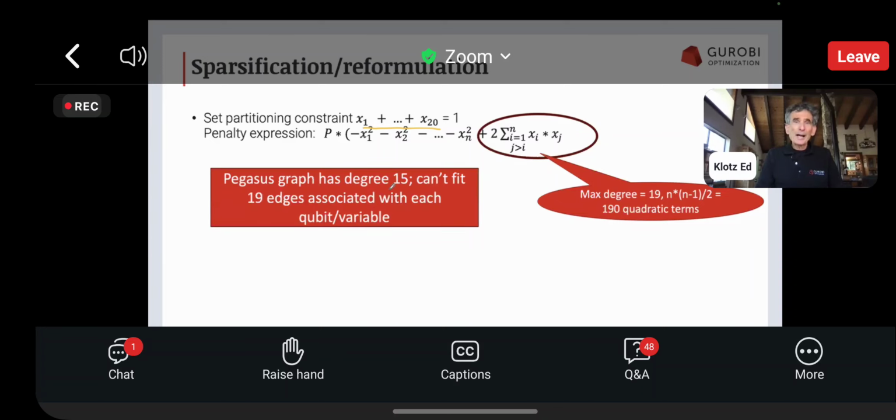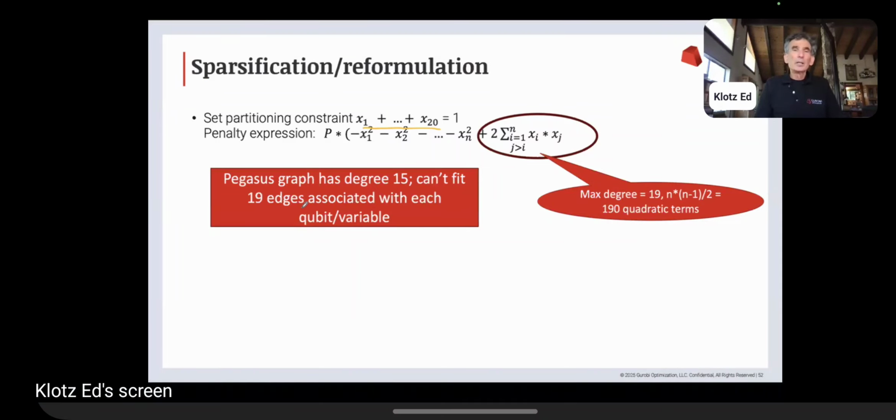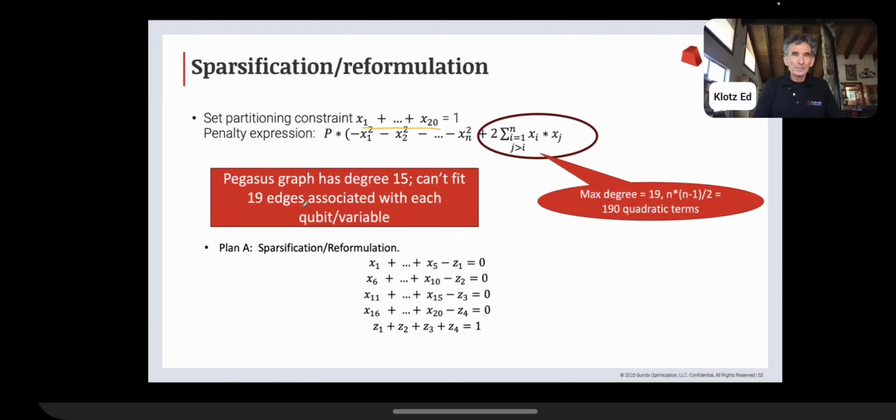The Pegasus graph has degree 15. So now we've got some work to do. We're not just going to be able to fit everything in and not worry about it. But plan A says, well, let's reformulate. So this constraint up here with 20 variables, all binary summing to 1, can be replaced with these 5 constraints.